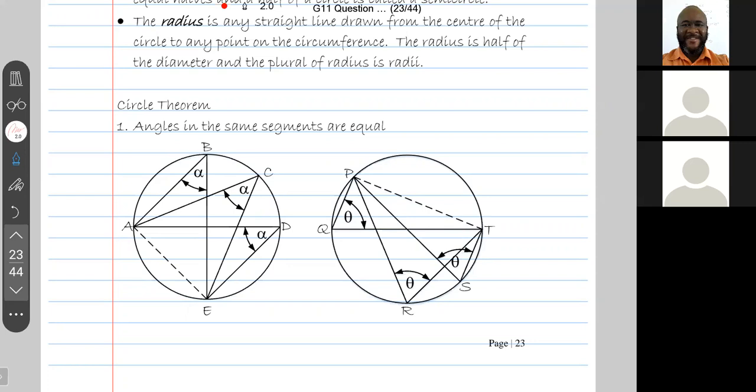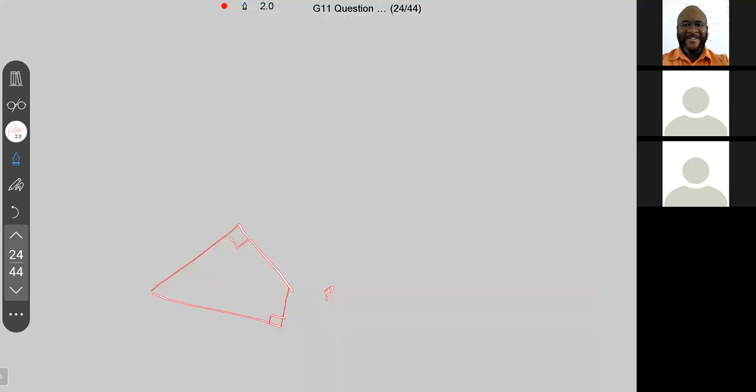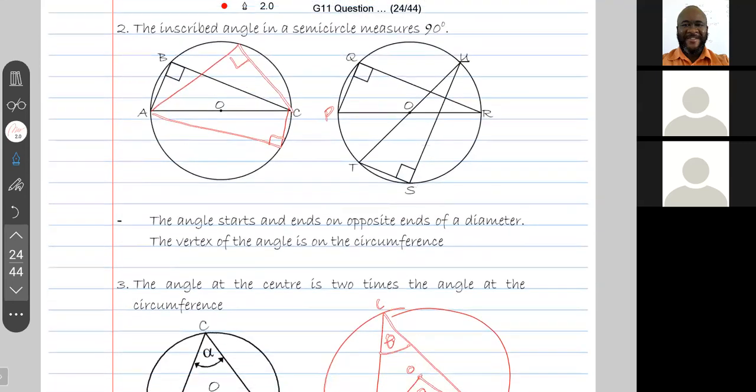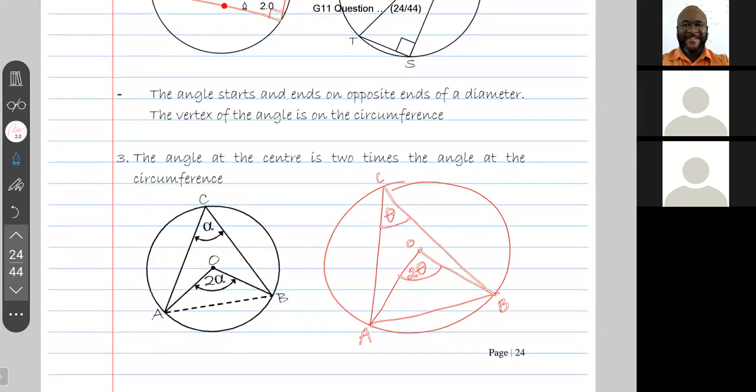So angles in the same segment are equal. The angle in a semicircle is equal to 90 degrees. And 3, the angle at the center is equal to 2 times the angle at the circumference.